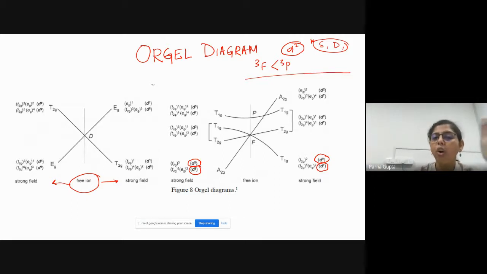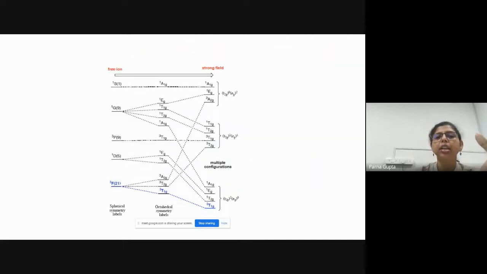So this Orgel diagram gives you a very simple explanation, whereas if you now go for Tanabe-Sugano, you see that it takes care of all these terms, right? All the other terms too, because as I told you, this is the free ion, then it is the octahedral symmetry level, and this is in the presence of the ligand field.